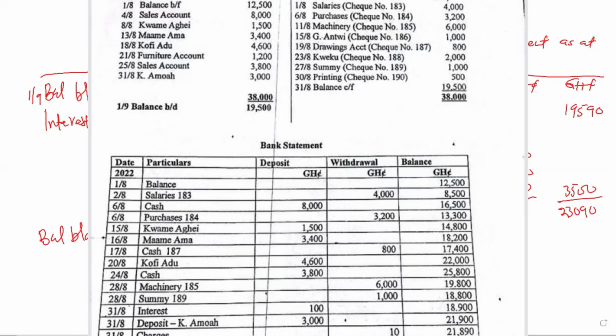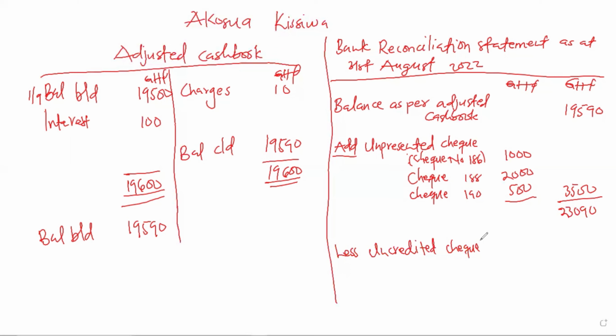Please, again, we don't check the balance carry downs. They are balances, not transactions. When you're preparing your bank reconciliation statement, you check from the cash book to the bank statement.